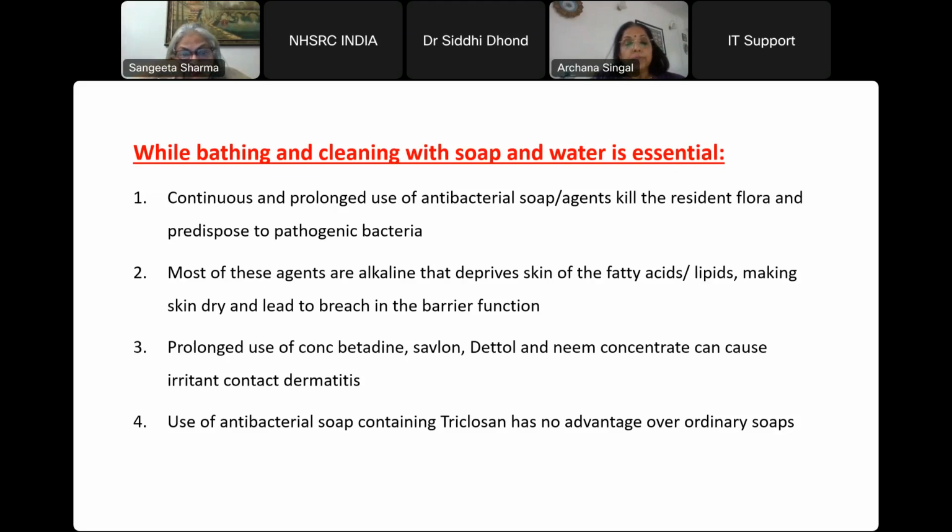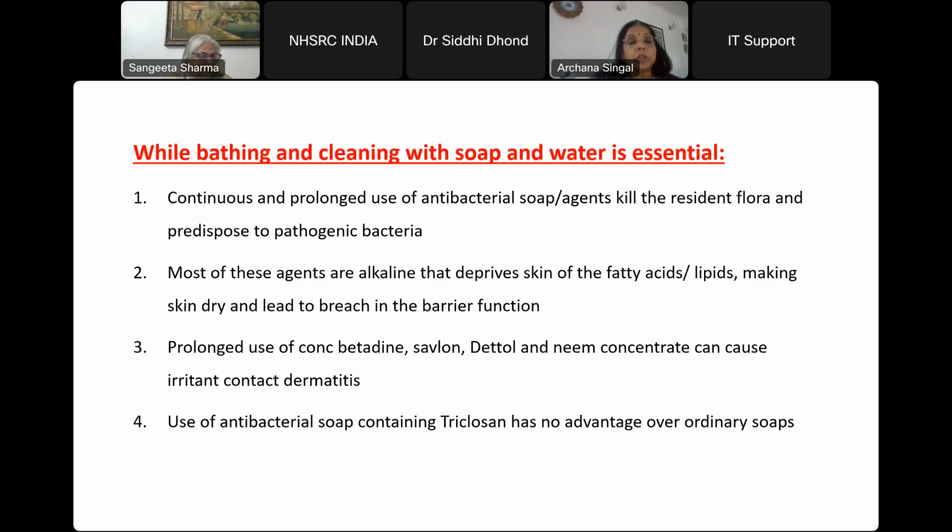In addition, prolonged use of concentrated Betadine or Savlon or Dettol or neem, boiled neem people use, can cause irritant contact dermatitis. Now, dermatitis, as you can sense, itis means inflammation of the skin. So again, there is a breach in the continuity of the skin, in the barrier function, thereby making the skin more predisposed to all kinds of infections.